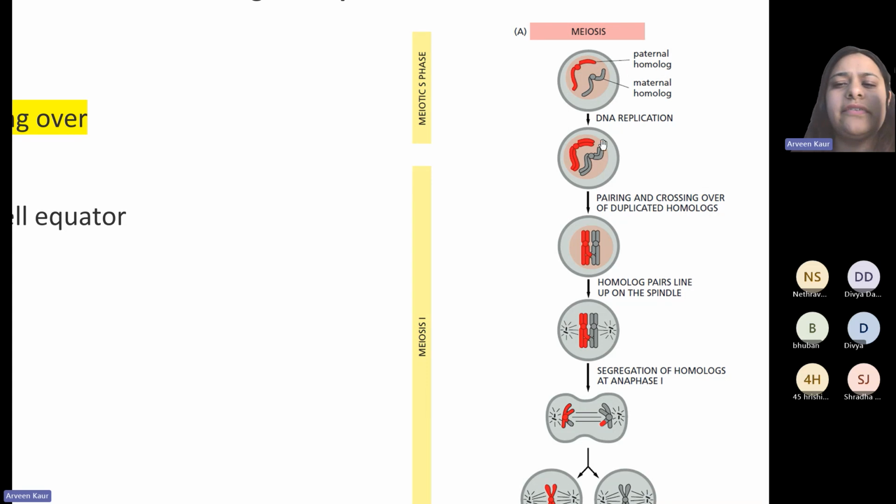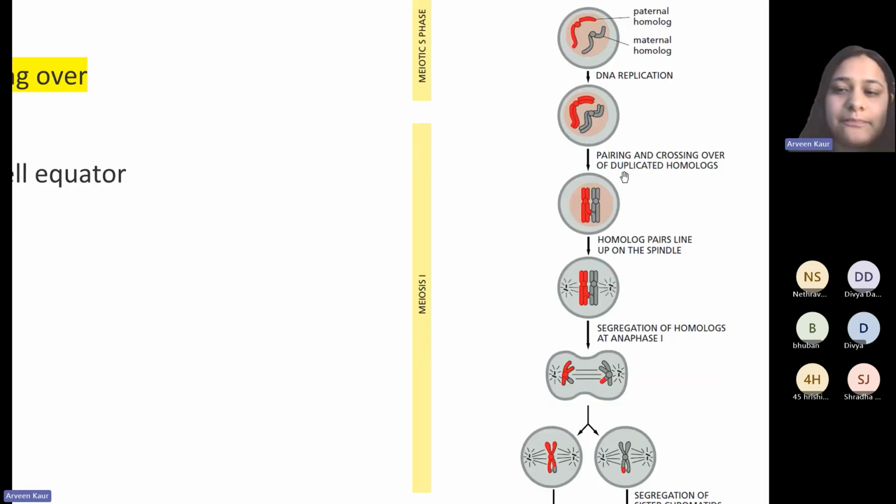And over here, we are considering just one chromosome, so that it is easier for us to understand, right? In the S phase, like in the mitotic S phase, the replication of DNA occurs, and now they have kind of formed a doubled amount of DNA, right?